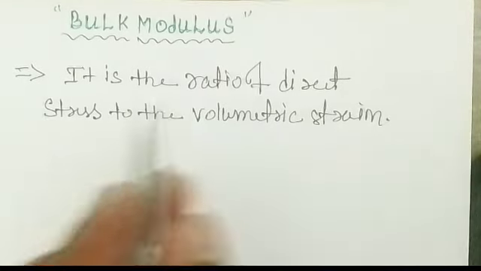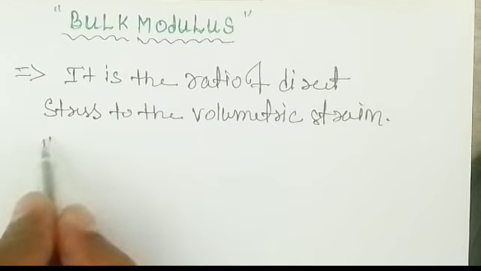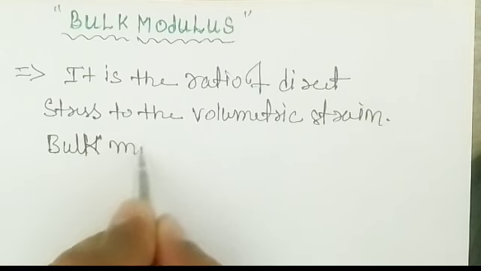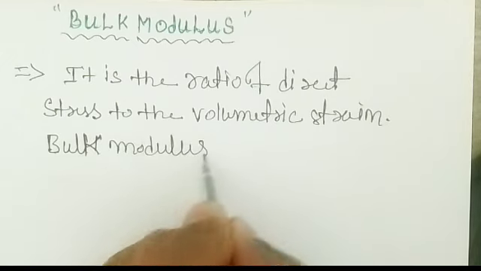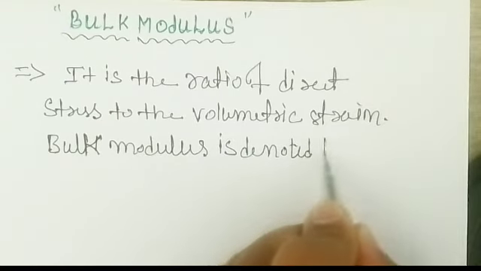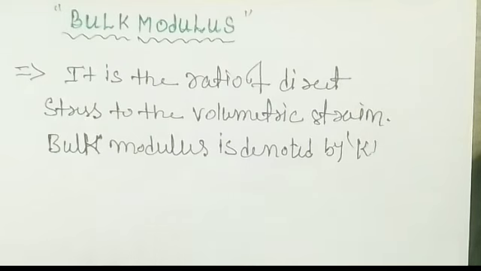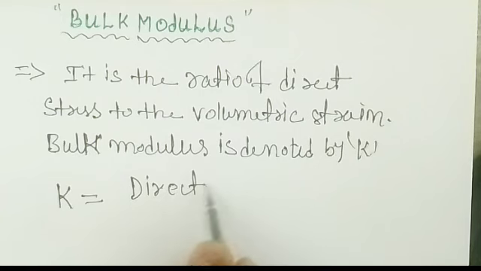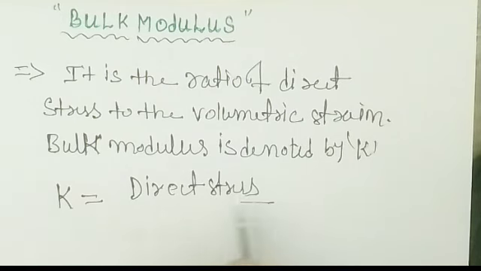We denote the bulk modulus by capital K. Mathematically, K is equal to direct stress by volumetric strain.